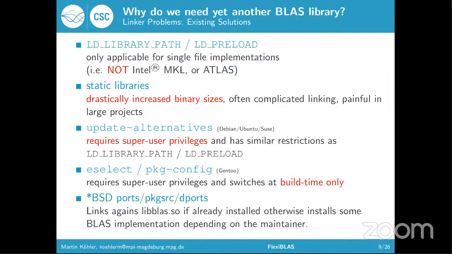Then some people proposed to use static libraries, so you don't have the dependencies inside the libraries. It ends up that you have to track the library dependencies yourself. It's complicated linking, mostly painful in large projects when you depend on more than, let's say, 2, 3, 4 libraries. That was also not a possibility for us.